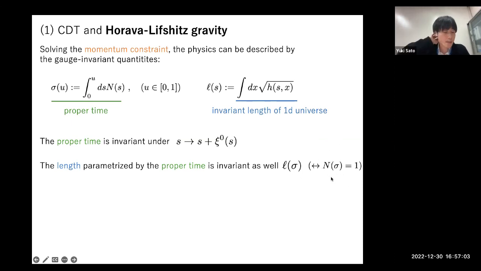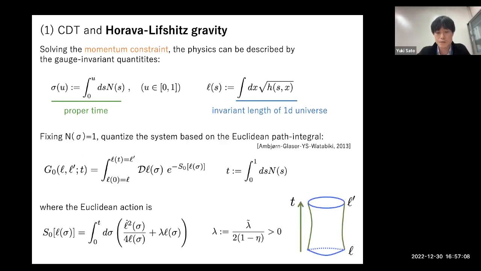Okay, with this understanding in mind, it makes sense to consider the amplitude of the one-dimensional universe whose length is L that propagates in proper time. This can be constructed by the path integral. First we set the lapse function to be 1 as a gauge fixing. To make contact with CDT, we also make a rotation to the Euclidean signature.